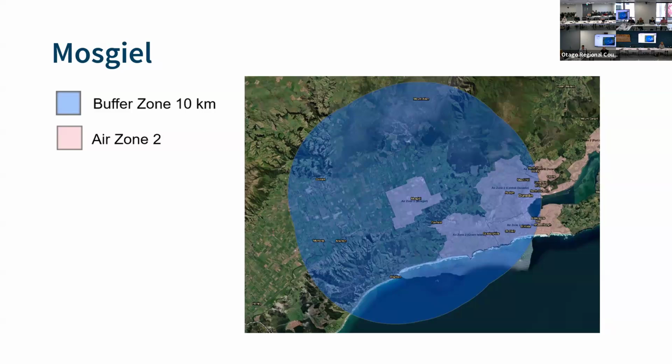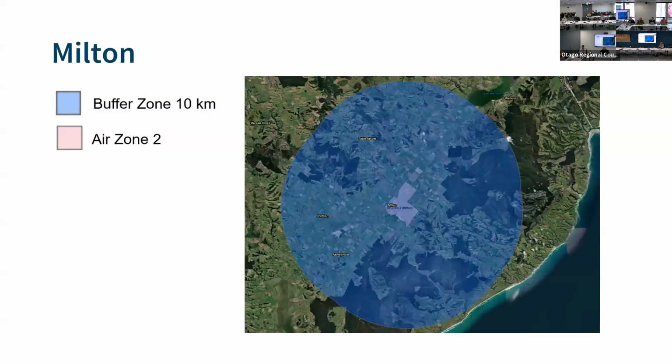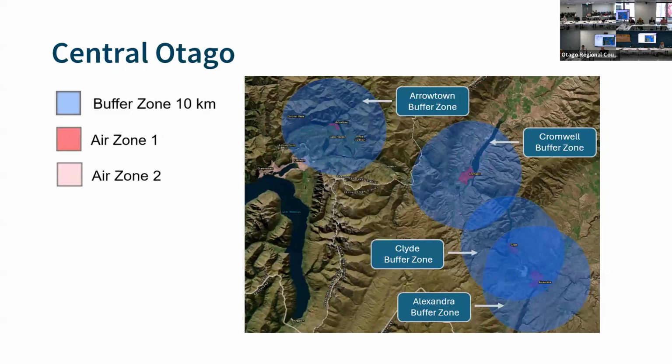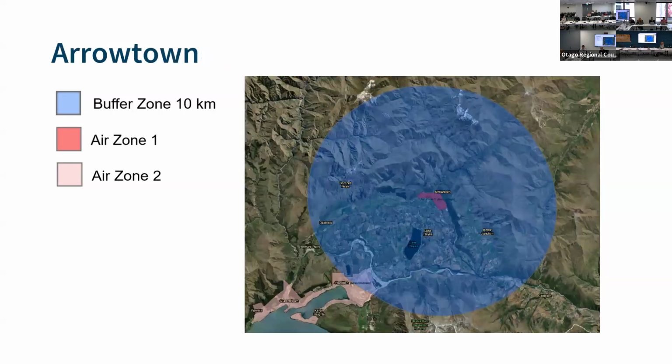All right, next thing. This one's fairly similar looking, but it's Milton. Yep, if there are no comments, we can move on. It's just an overview of the Central Otago ones because they're all quite close together and several of them overlap. So go on to the next one, you can see them slightly more detailed.